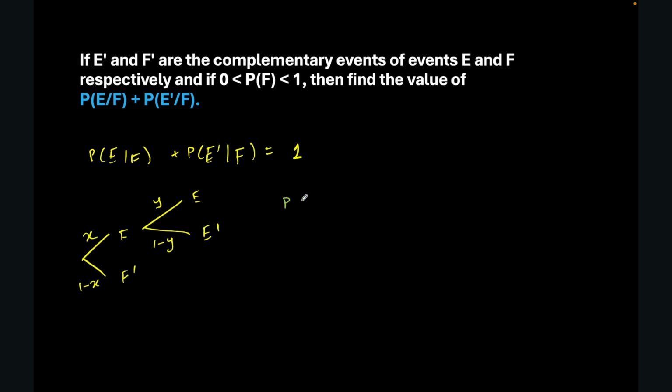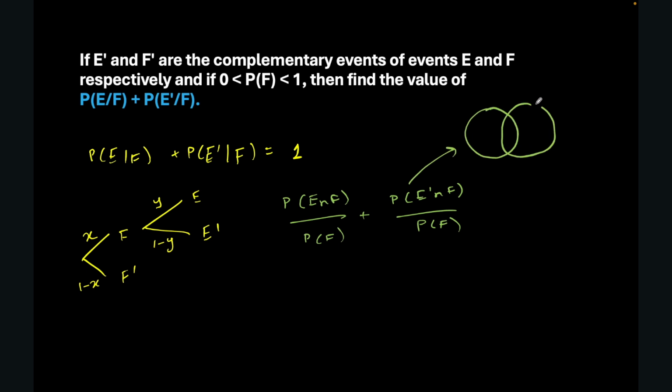Well, we know the probability of E given F is just the probability of E and F divided by the probability of F, plus the probability of E not happening and F happening divided by the probability of F. Okay, so this is what it is. Now, what does this part entail? Let's say we have a Venn diagram like this.